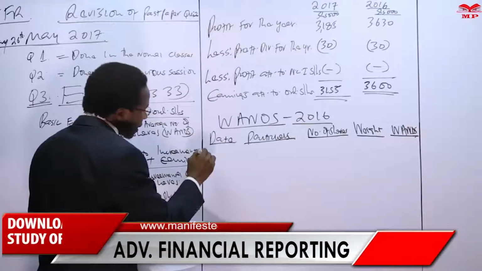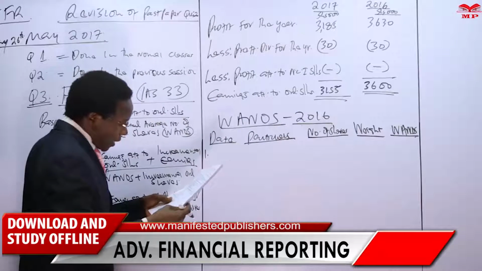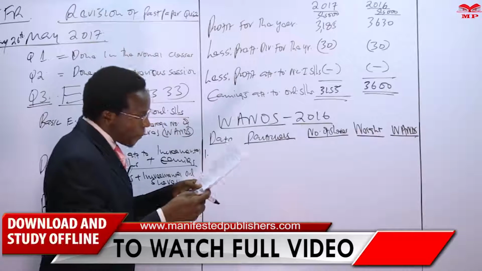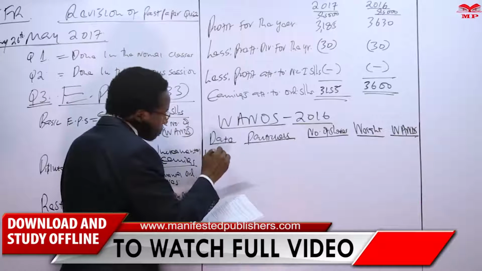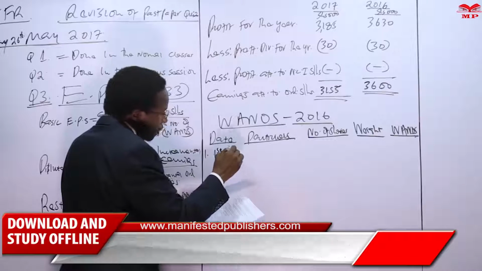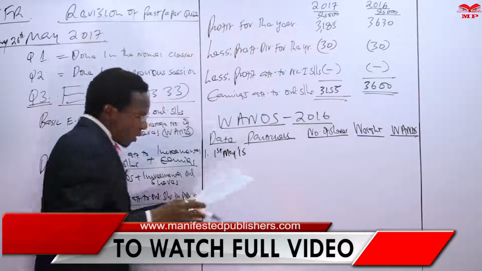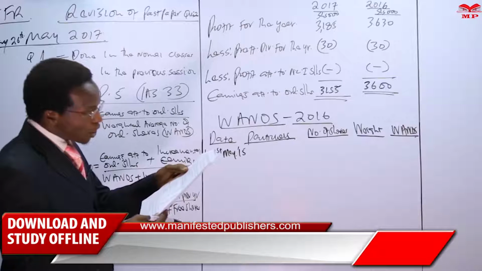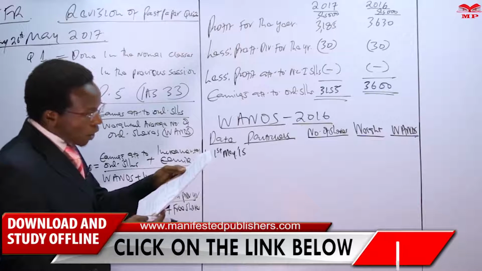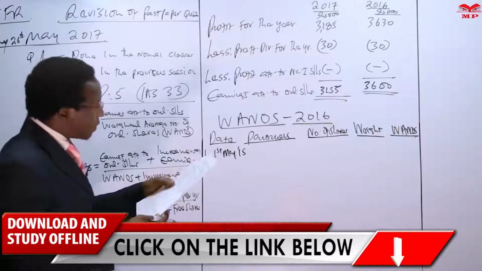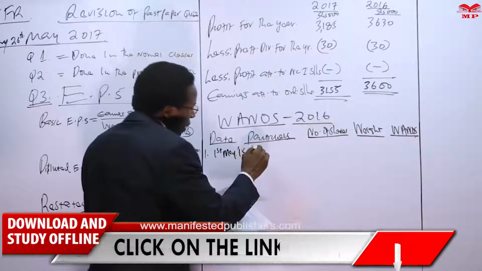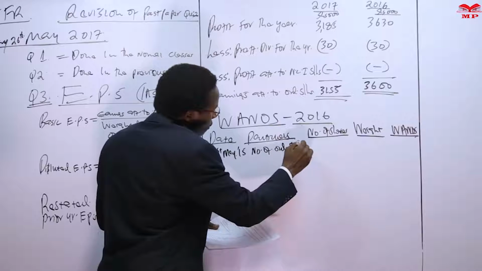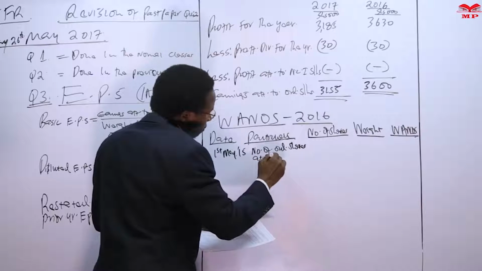So the first item is on 1st May 2015, as our year begins on 1st May. They told us the number of ordinary shares at the start.